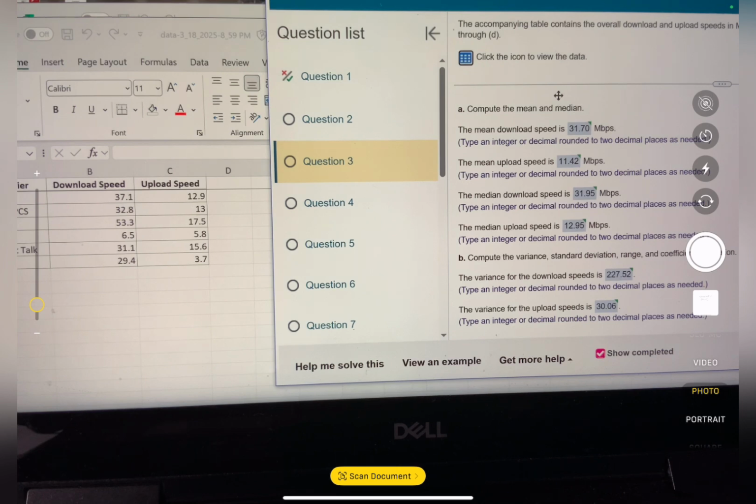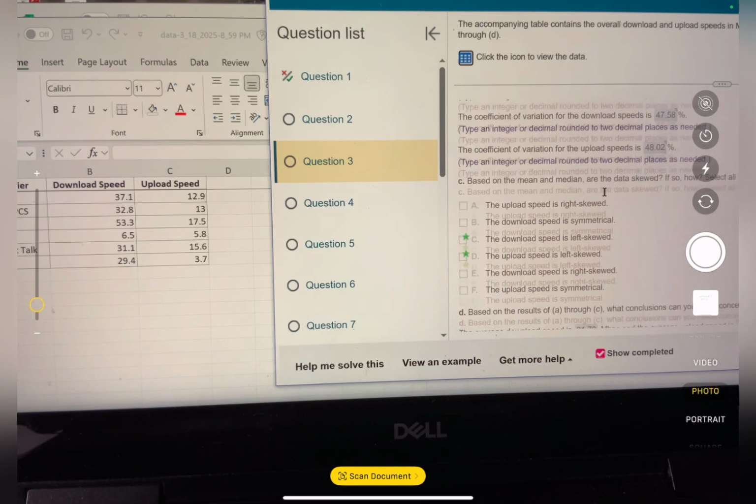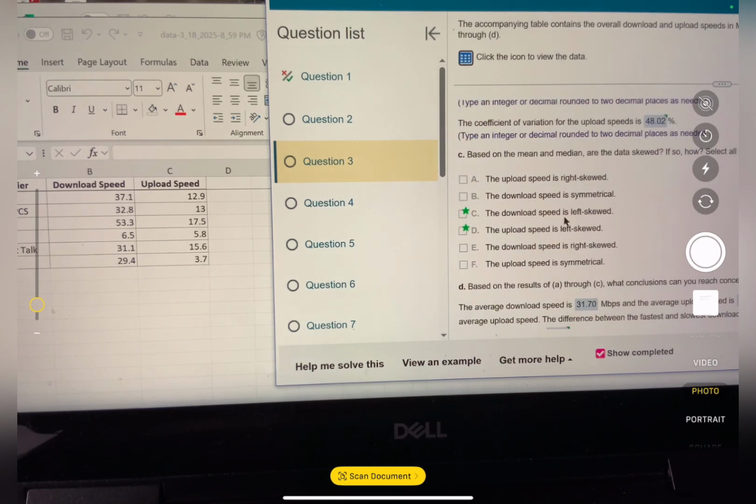If it would be greater than median, then it would be skewed to the right. Therefore, for download, it's skewed to the left.